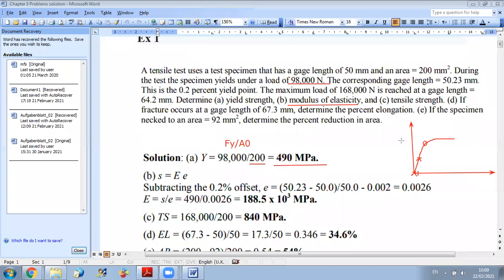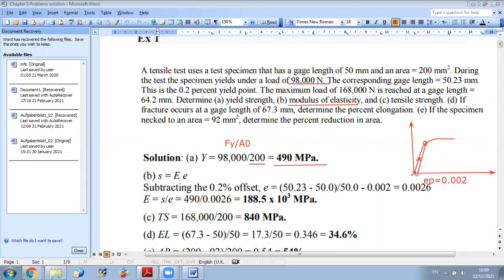And we draw a line that is parallel to the linear region. So it will intersect the curve at the yield point, okay? And of course, this is a very accurate method because epsilon 0.002 is very close to 0. And in this way, we can track the transition between elastic and plastic regions.